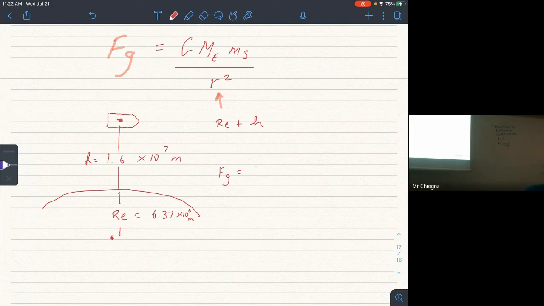So FG becomes, again, it doesn't matter what you put first, mass of the Earth or mass of the satellite. 600. 480 newtons.